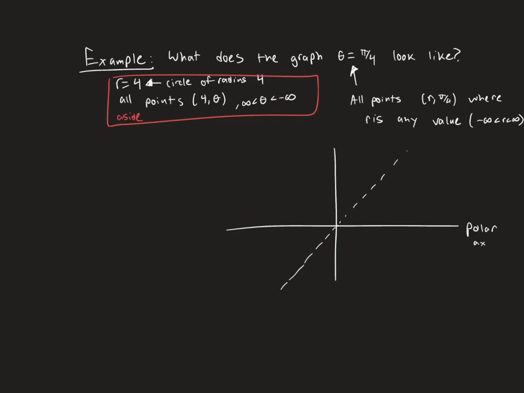This is the polar axis, and here's our pi over 4 angle. And r can be anything, which means we actually just fill in these dots. So theta equals pi over 4 is a straight line at the angle pi over 4. If we wanted to convert this to Cartesian, this is the graph of y equals x. Theta equals pi over 4 is the same as y equals x.